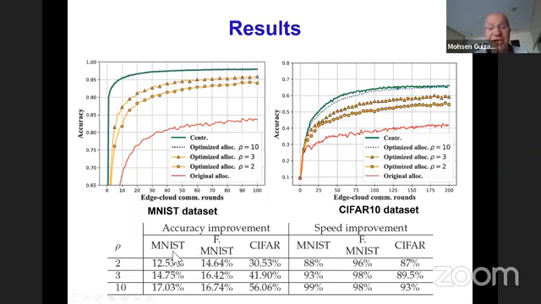You can see here in the table that we can improve the accuracy, or improve the speed of reaching the accuracy, in terms of rho. Rho is the number of edge devices that an IoT device can connect to. So the more edge devices the IoT devices connect to, the better the accuracy and the faster the speed.